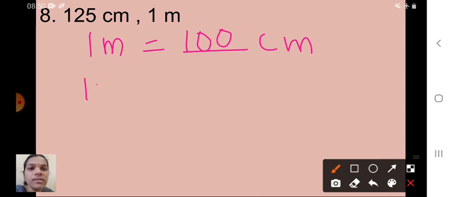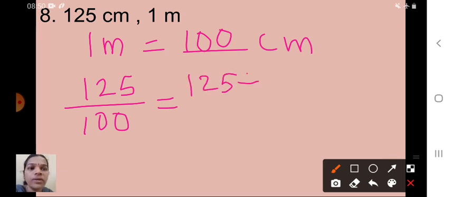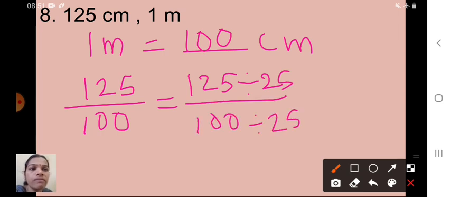That means 125 upon 100. Can you say what is the highest common factor of these two numbers? Very good, 25. 125 upon 100 is divided by 25. So what will come here? 5 upon 4. So 5 is to 4 or 5 upon 4. This is the answer for this sum.